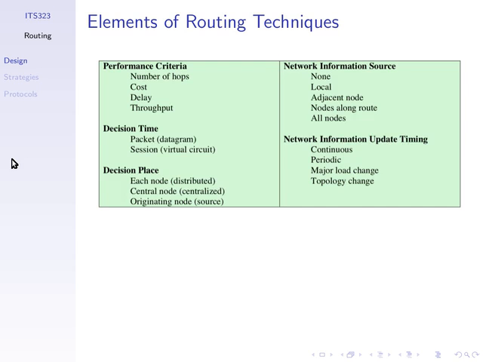Financial cost may be a metric. The numbers on the diagram may represent some financial cost of using the link. That is, send our data through the internet that incurs the least cost. Because the network operators, they have to pay for connecting to other network operators.